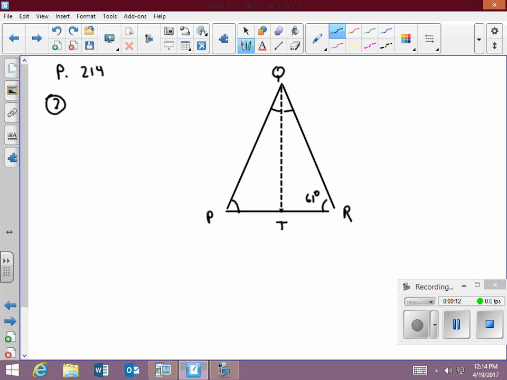Here you'd probably want to make a statement that QT bisects PQR, and look at one theorem, isosceles, and try to get something that you could use to say that probably that thing is perpendicular.